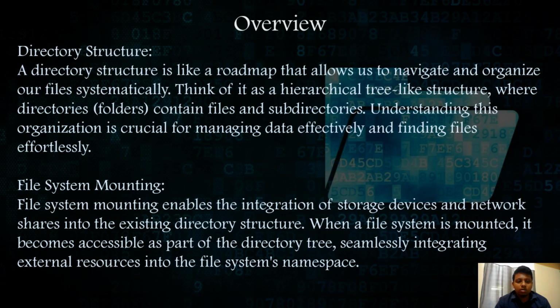Understanding this organization is critical for managing data efficiently and finding files effortlessly. File system mounting. File system mounting enables the integration of a storage device and network shares into the existing directory structure. When a file system is mounted, it can be accessible as a part of a directory tree.